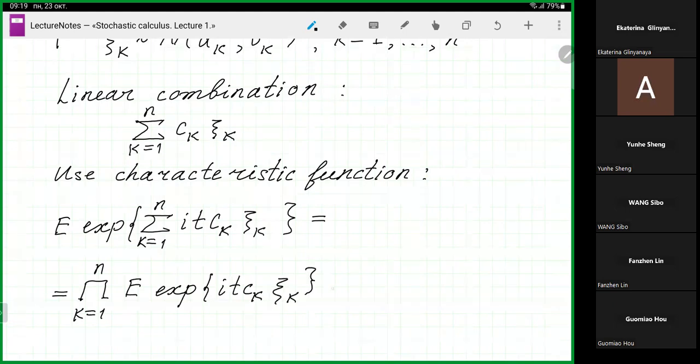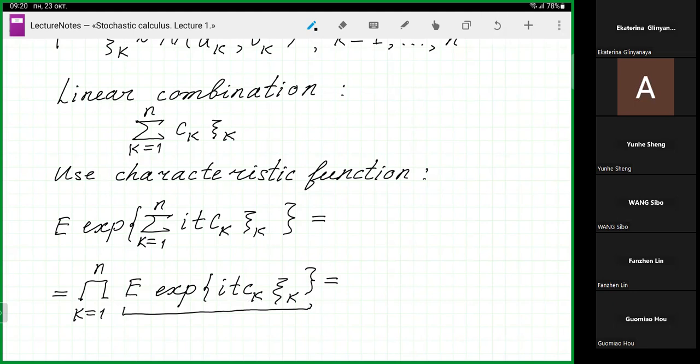Now the calculations become very simple because this is just the characteristic function of the random variable psi k, calculated at the point t multiplied by c k.